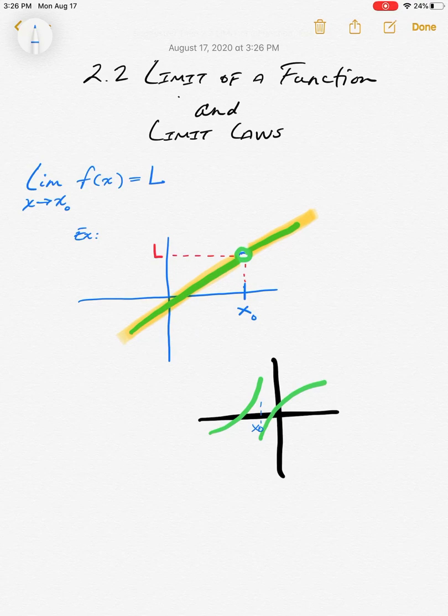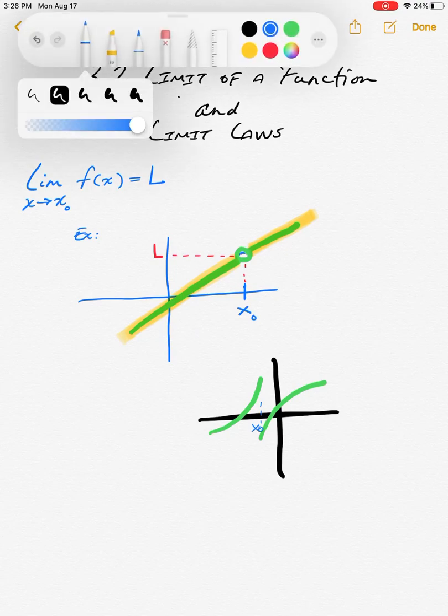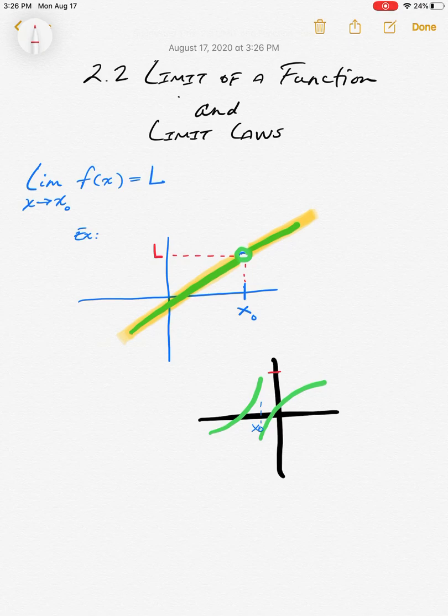Up here, we have a positive L that we're reaching, and down here we have a negative L that we're reaching. Now let's do the same concept.